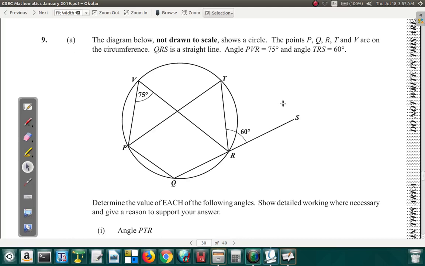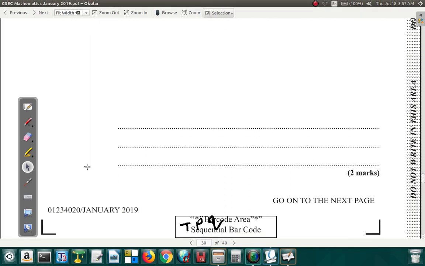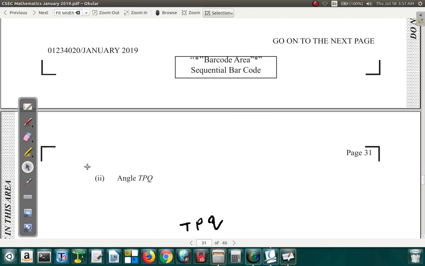Now the next part of the question asks for angle TPQ, right? They're asking for TPQ. Now what they're saying is angle TPQ.